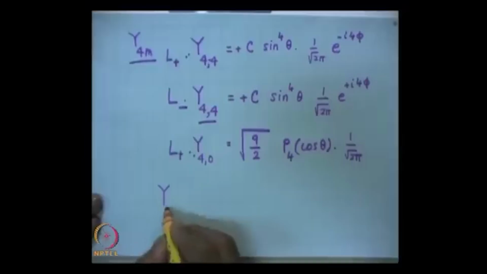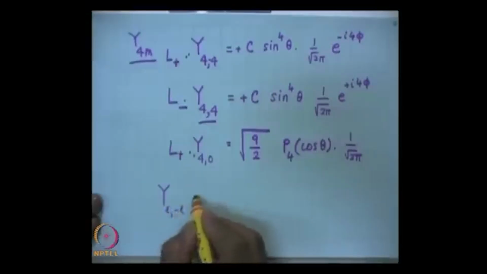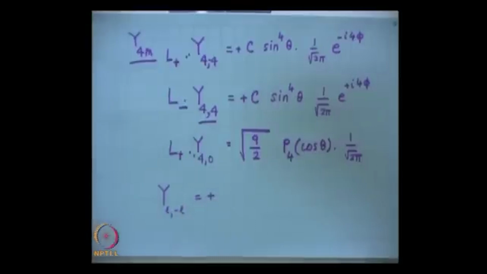And once to start with it is normalized, all others will be automatically normalized. Why did we choose the convention that Y_L,-L has to be positive? It is just like that. We could have easily chosen Y_L,-L to be negative also.